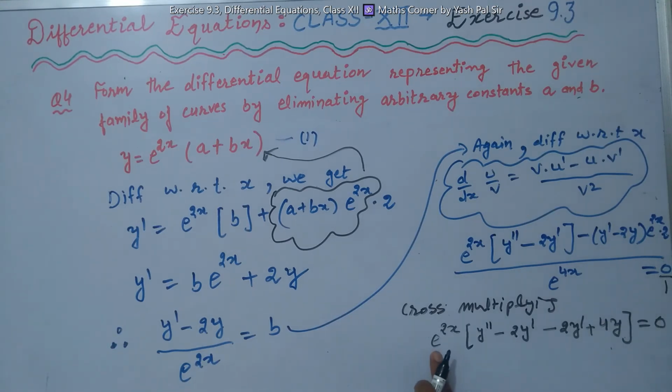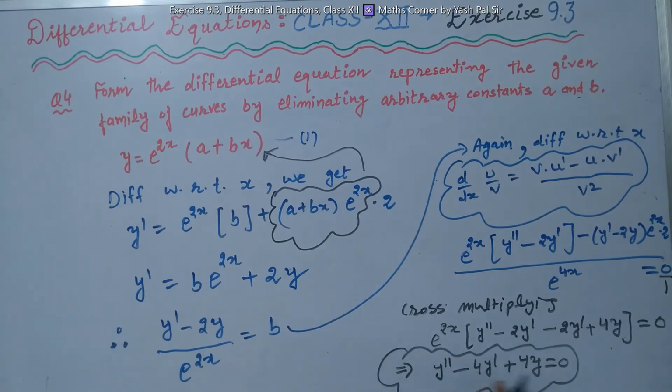So e raised to power 2x cannot be equal to 0, so this gives y double dash minus 2y dash minus 2y dash, that is minus 4y dash plus 4y is equal to 0. So this is the required differential equation. Here we cannot find any a and b, so a and b, the arbitrary constants, are eliminated this way. So this is the desired result.